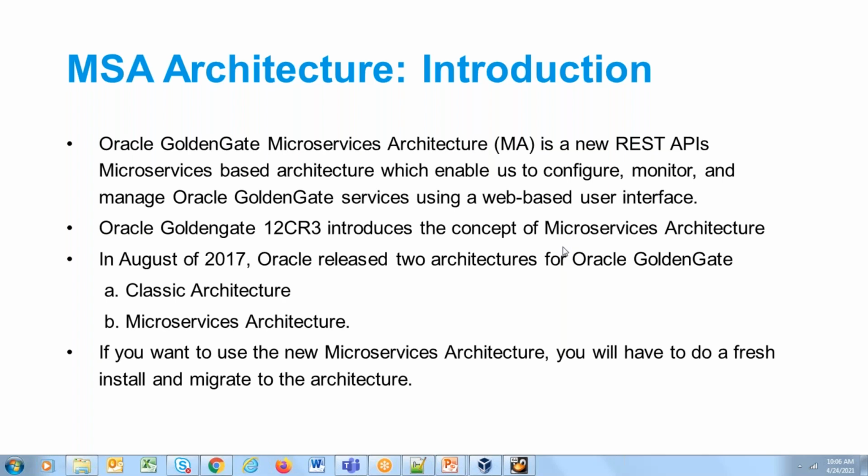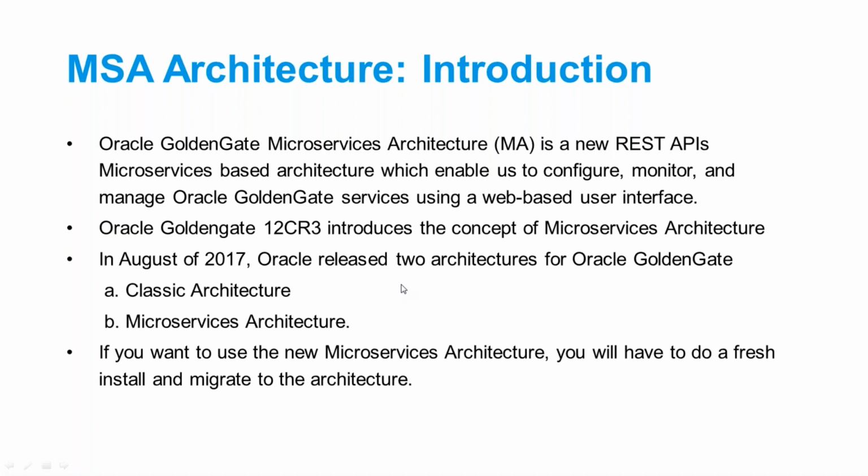So from 12c R3 onwards, this has been available. In August 2017, you have two architectures available: Oracle Golden Gate classic architecture and microservices architecture. If you want to use the new microservices architecture, you have to do a fresh install and migrate to that particular architecture.